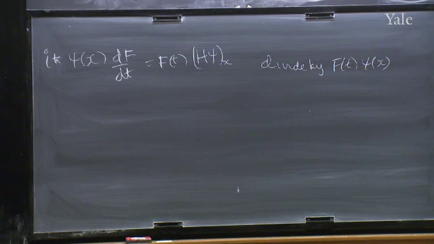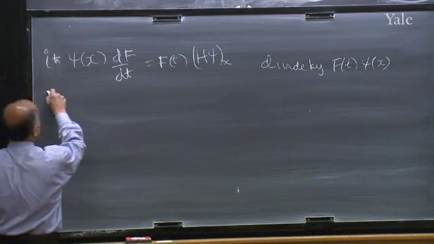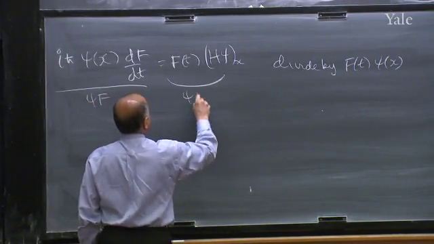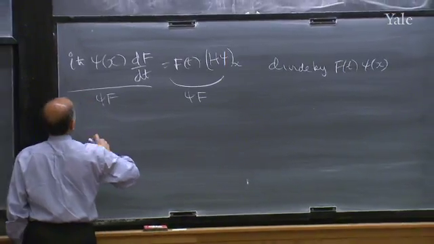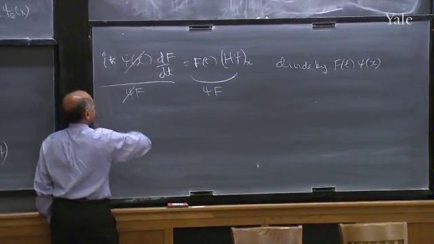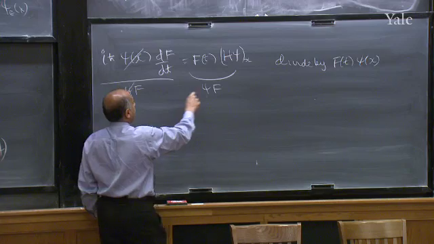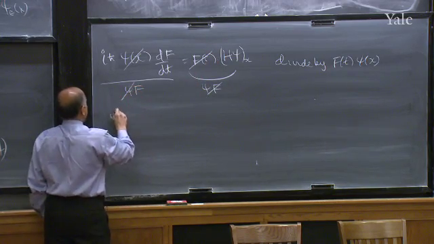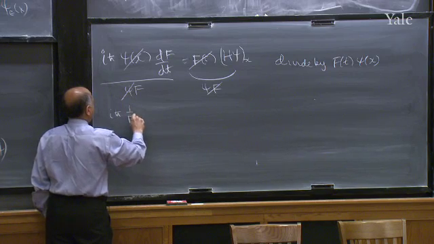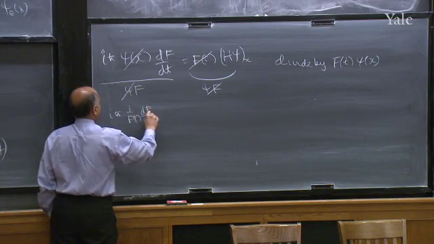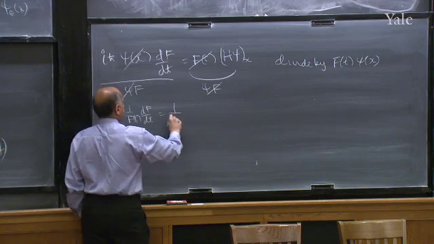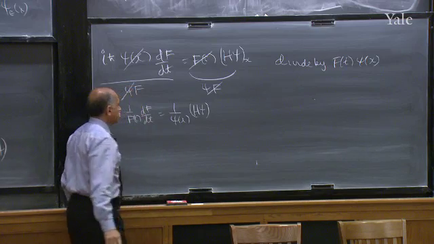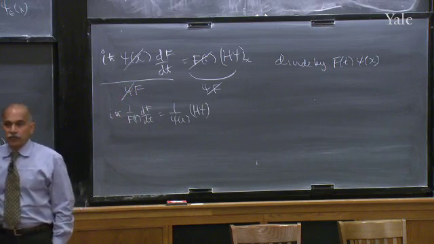On the left-hand side, I divide by psi f. And the right-hand side, I divide by psi f. Can you see that the psi cancels here? You have a 1 over f cancels here, and you have a 1 over psi. The equation then says i h-bar 1 over f of t df/dt is equal to 1 over psi of x times H psi.